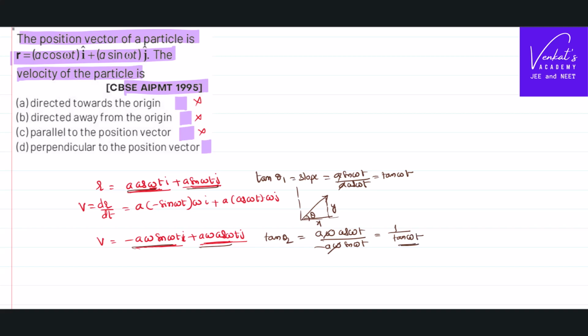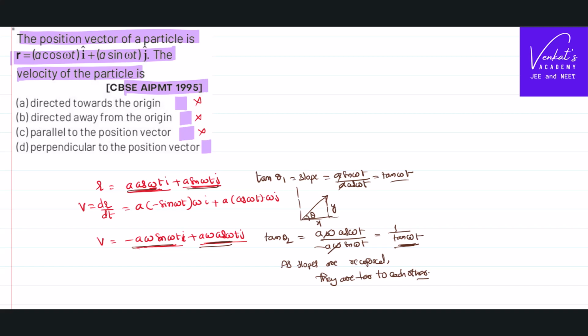It's reverse to this. Therefore, these slopes are reciprocal to each other. As the slopes are reciprocal, we can say they are perpendicular to each other. If the slopes are reciprocal, they are going to be perpendicular to each other.